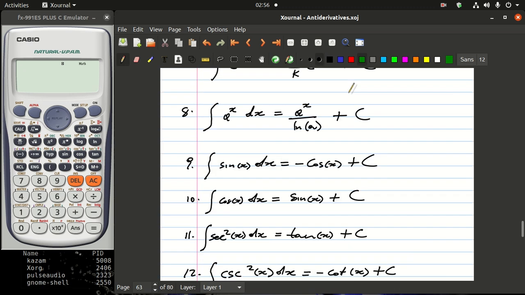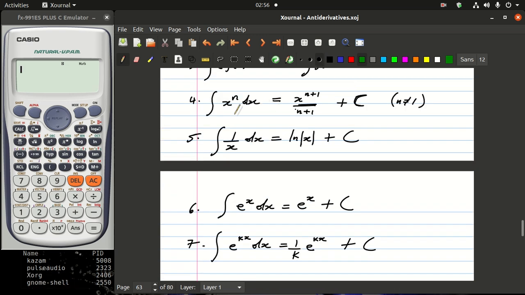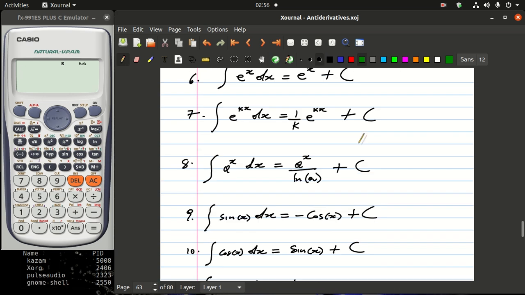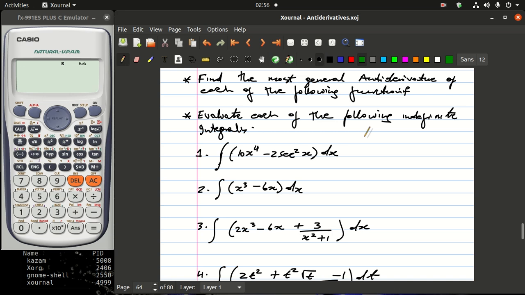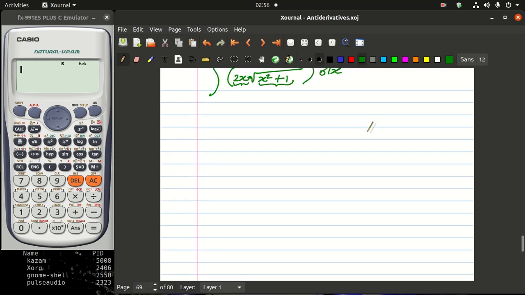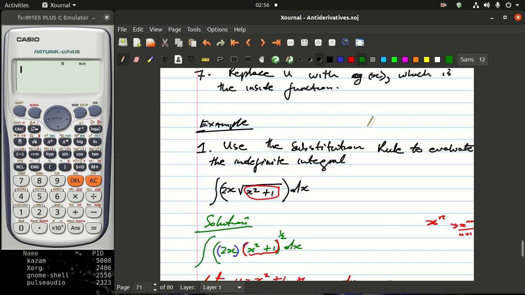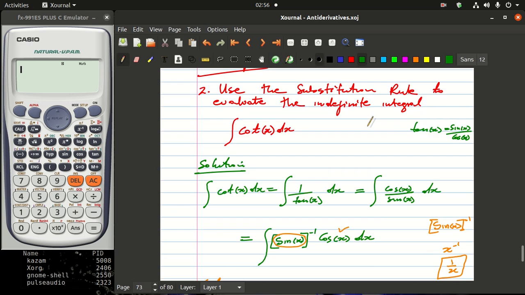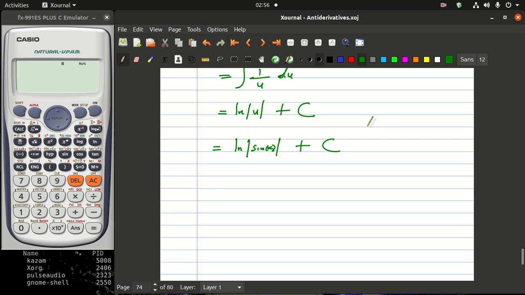You can see that whenever you have 1 over x, you must have a natural log of x plus a c. So that is what is important there. I'm not just saying things because I just feel like it. So we are having that.